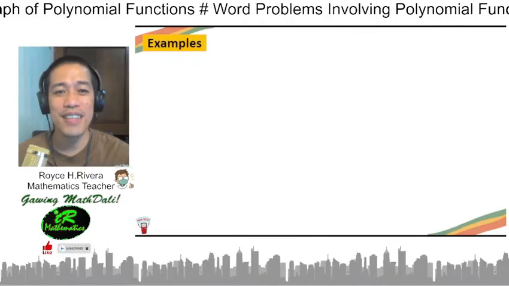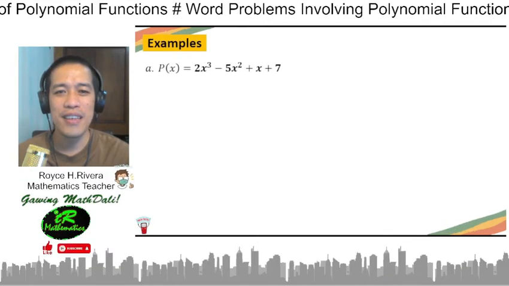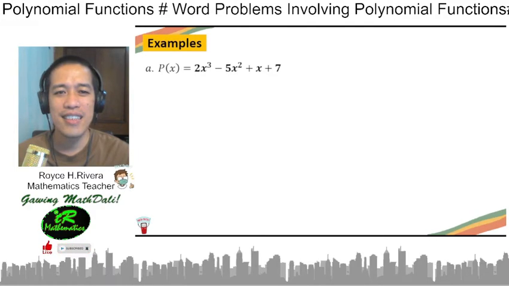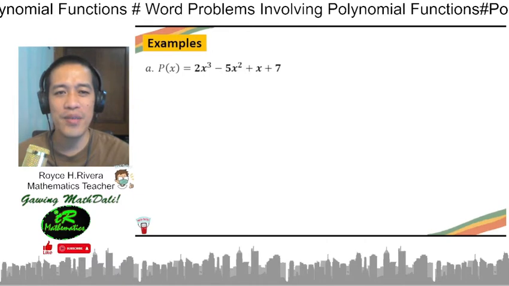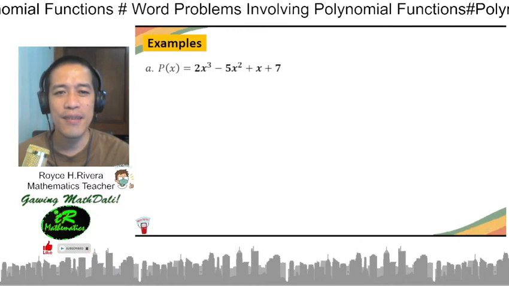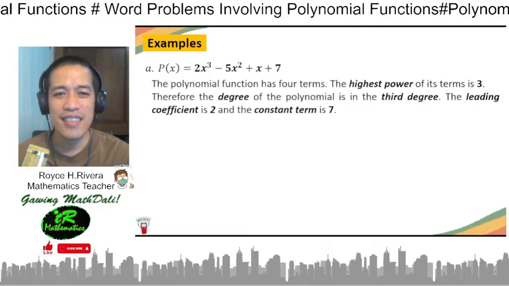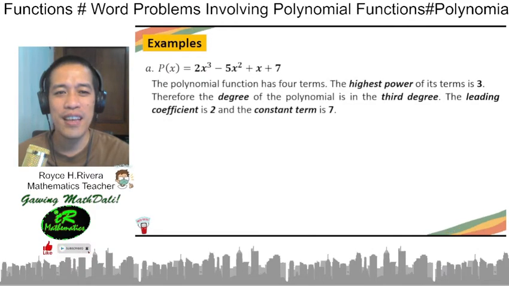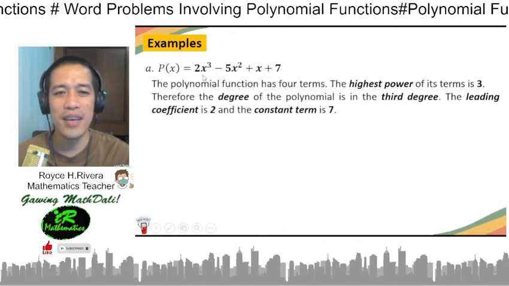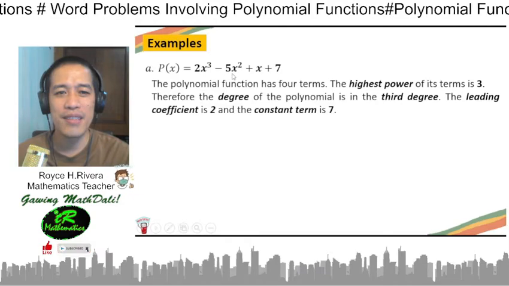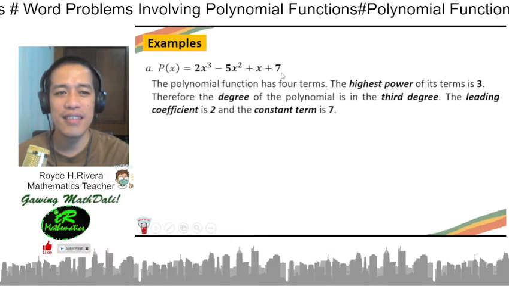Here are some examples. The first one, we have p of x equals 2x raised to 3 minus 5x squared plus x plus 7. The polynomial function has 4 terms, namely 2x raised to 3, minus 5x squared, x, and 7.